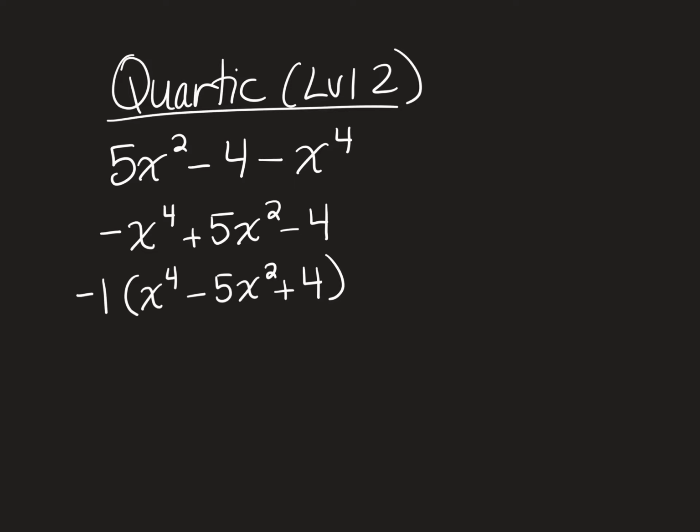Now I've got this trinomial where the highest power is 4, and I have to factor this. And this fits that pattern that was talked about in the video where the second highest power, if we double it, is the highest power. So this is a quadratic. It's just a quadratic in disguise.